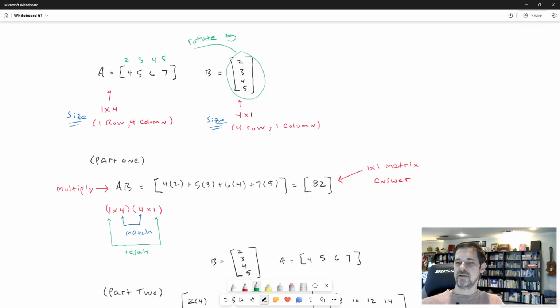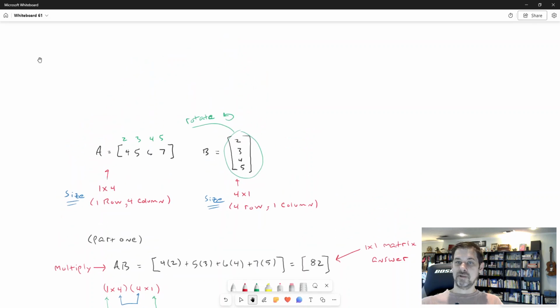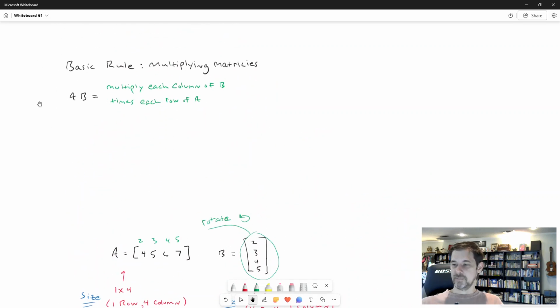That's what I mean. So what we'll do is we'll multiply 4 times 2, and then we'll add 5 times 3, and then we'll add 6 times 4, and then we'll add 7 times 5. Okay, so that's my vastly simplified rule, trying to give you something easier than what you might find in a book or some other place.